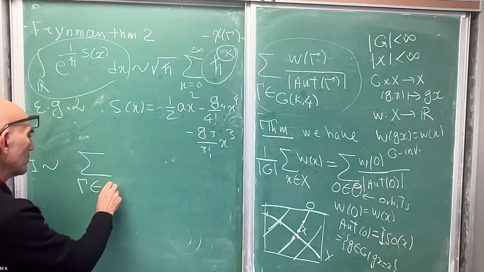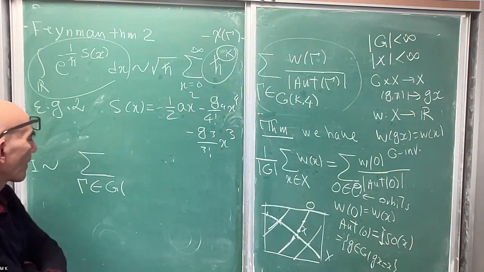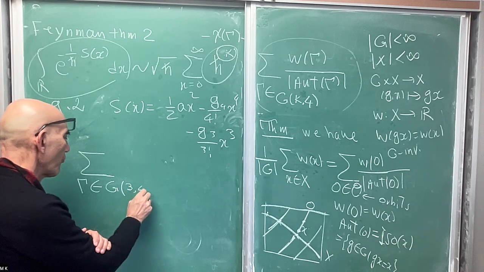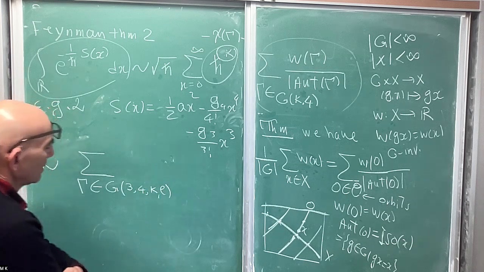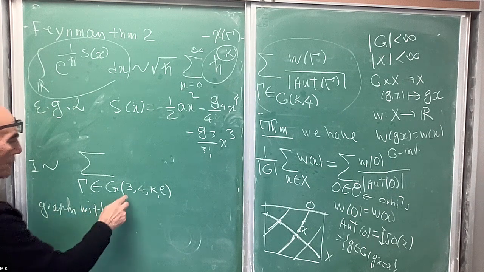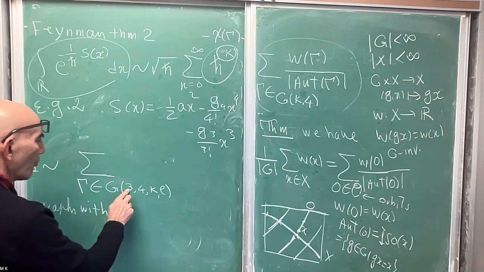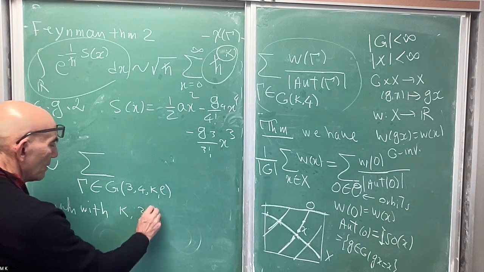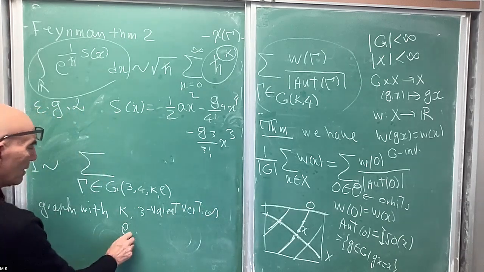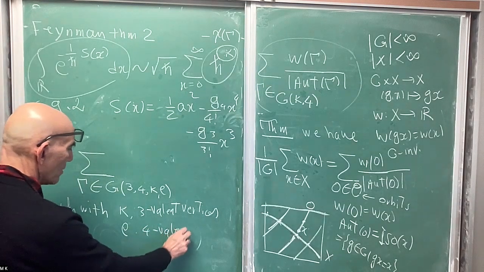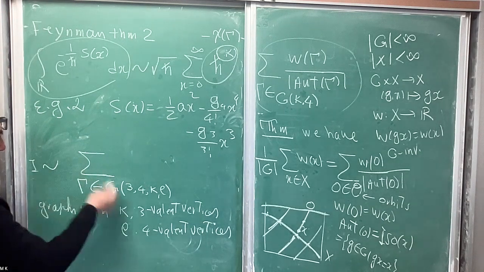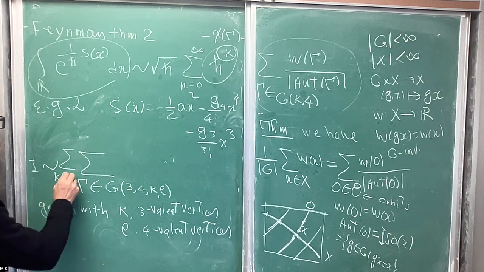Gamma belongs to the set of graphs with K 4-valent vertices and L 3-valent vertices. The summation is over all K and L bigger than or equal to 0.